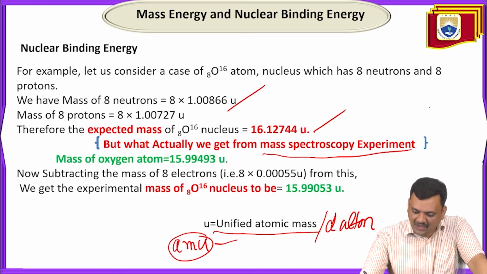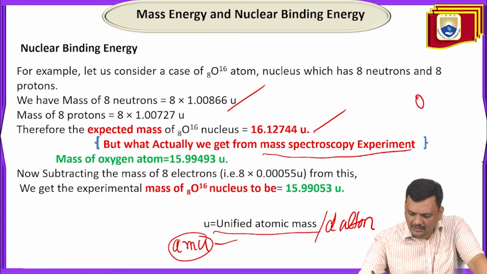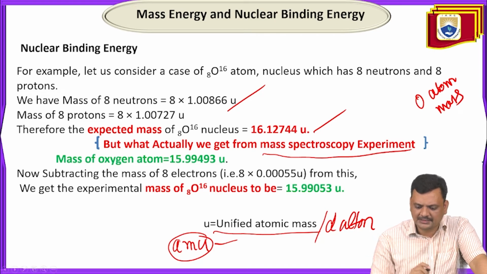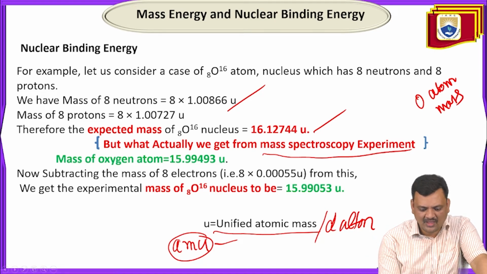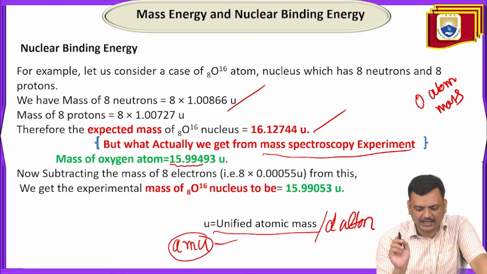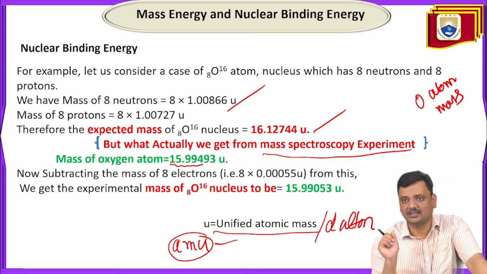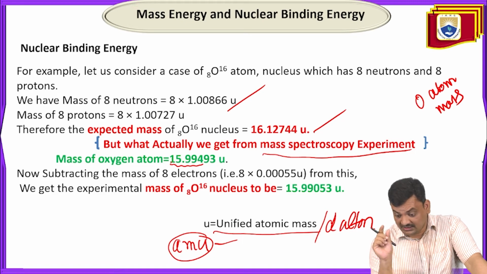The oxygen atom mass is 15.99493 U. Oxygen atom mass, not nucleus.